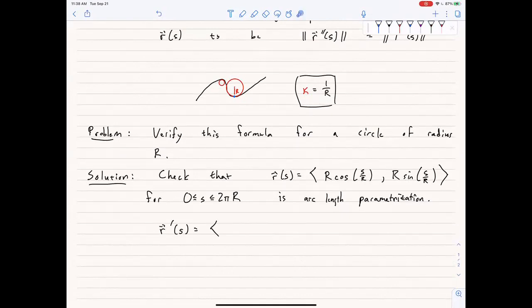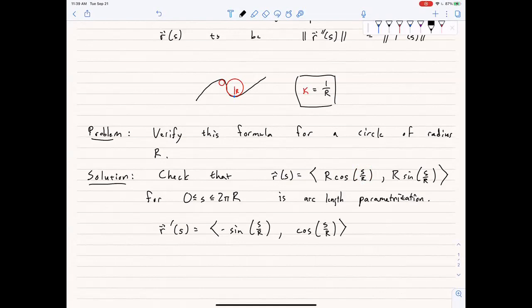But we do need to use a chain rule here. So we'll get R times sine of s over R times 1 over R, which just gives us negative sine of s over R. And then here we just get a cosine of s over R. Now, you can check quite easily, right?